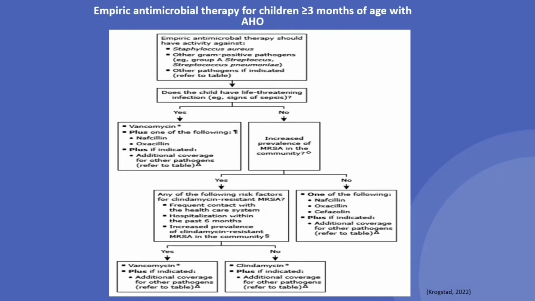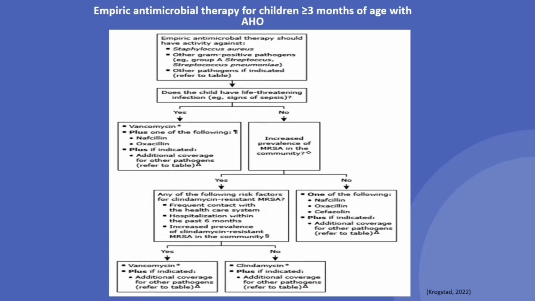If the answer is no, then consider if there is an increased prevalence of MRSA in the community. If warranted, are there any of the following risk factors for clindamycin resistance, MRSA in the community? If no, then the empiric therapy includes one of the following: nafcillin, oxacillin, cefazolin, plus, if indicated, additional coverage for other pathogens.